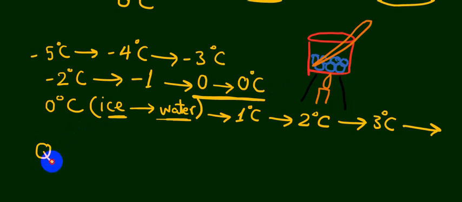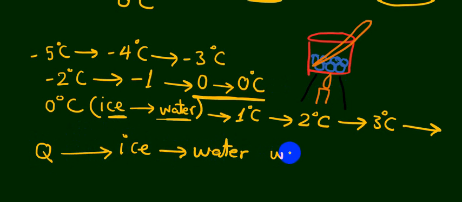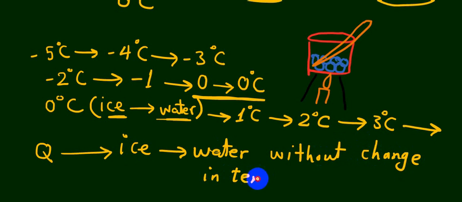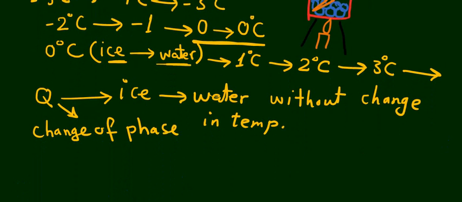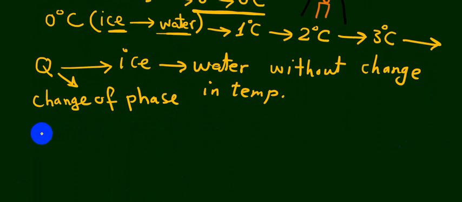This amount of heat just changes the state from ice into water without a change in temperature, but only causes a change of state or a change in phase. So this amount of heat is called latent heat.